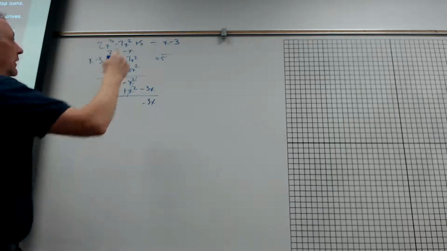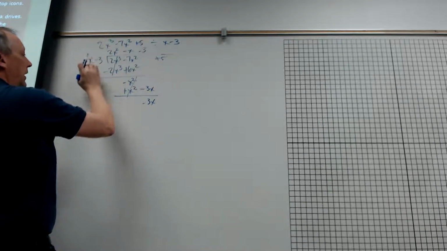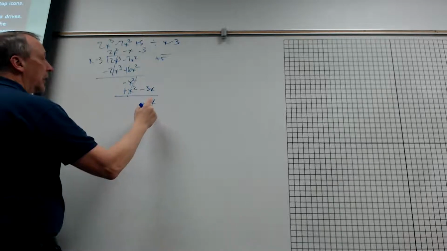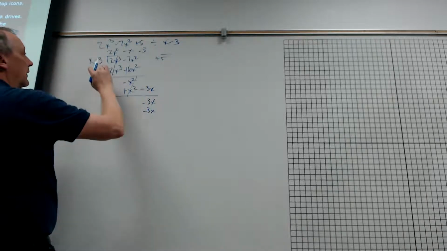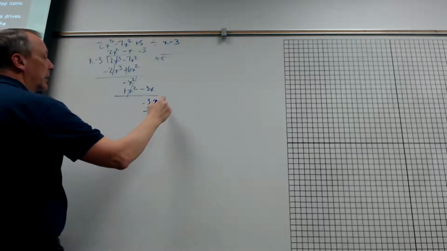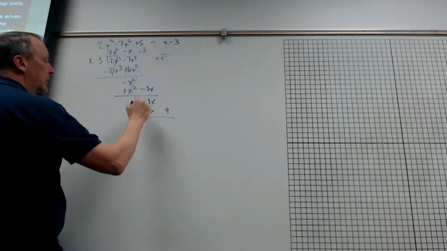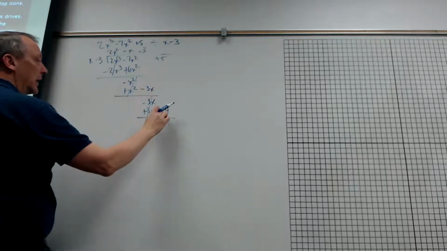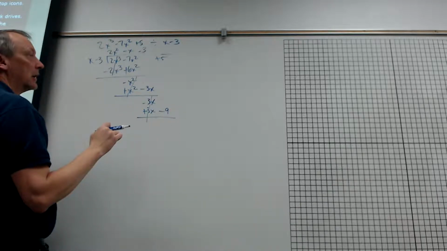Negative 3. Negative 3 times x is negative 3x. Negative 3 times negative 3 is positive 9. I'm going to subtract, so I'm going to change my signs. That's going to go away. 5 minus 9 is negative 4.